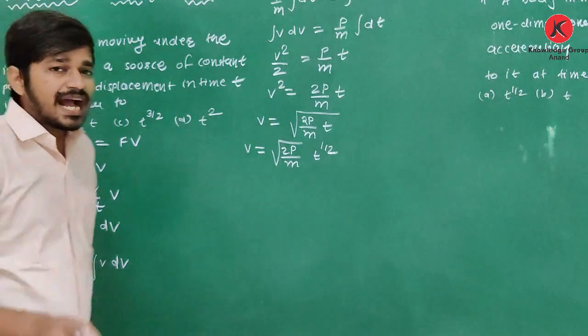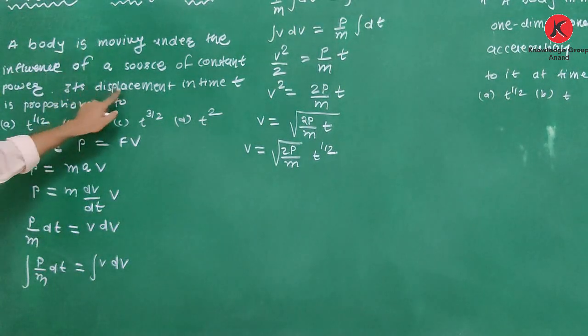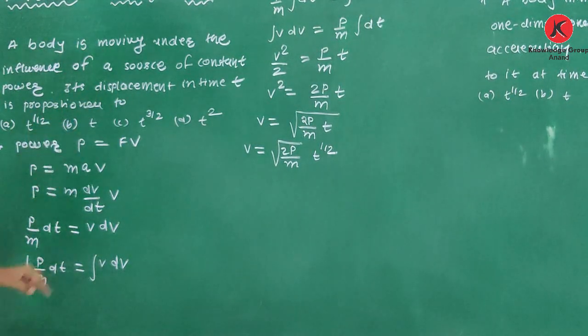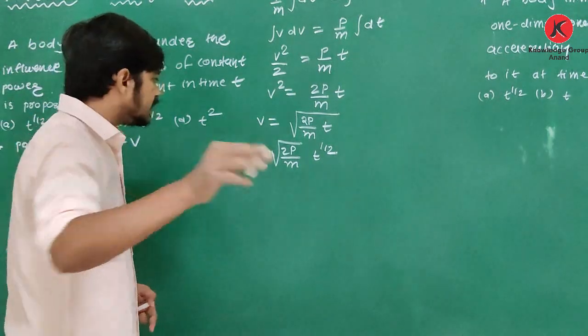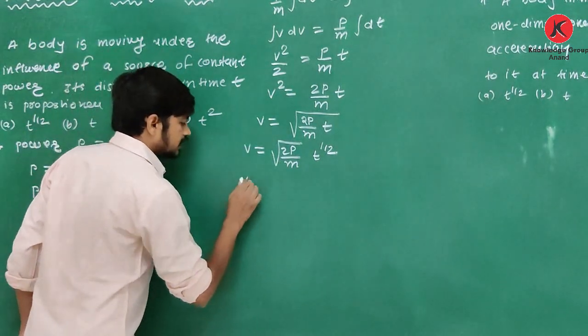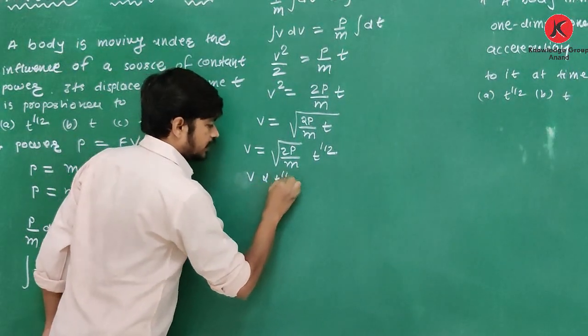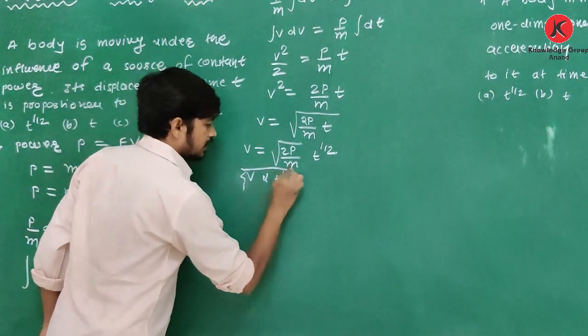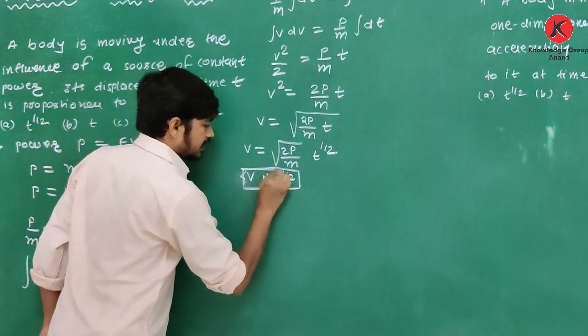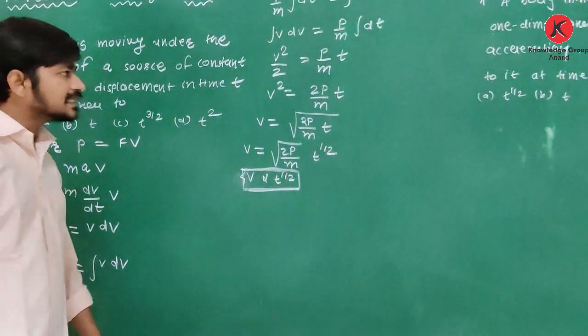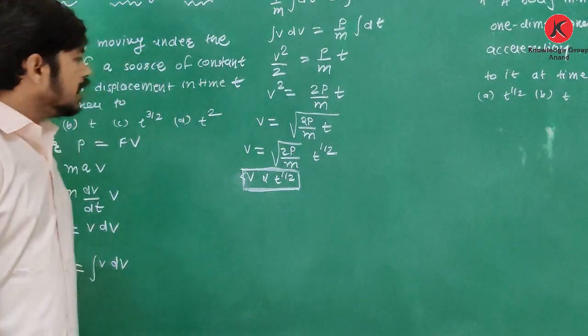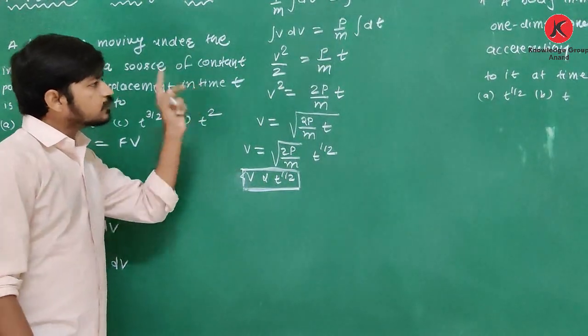So if you are asked what the velocity is, then velocity is proportional to t raised to 1 by 2. But you have to find the relation of displacement.